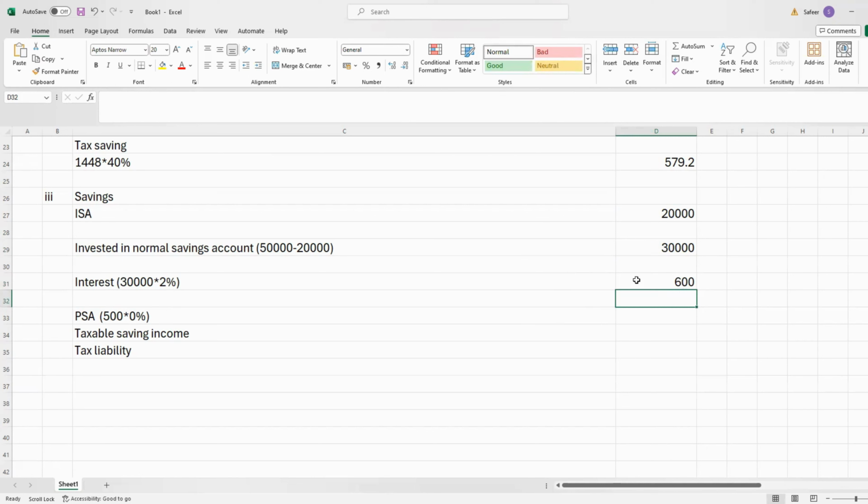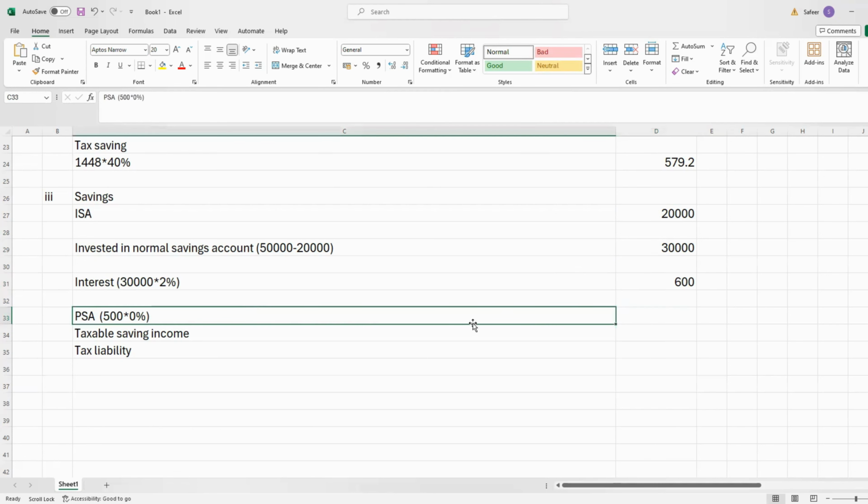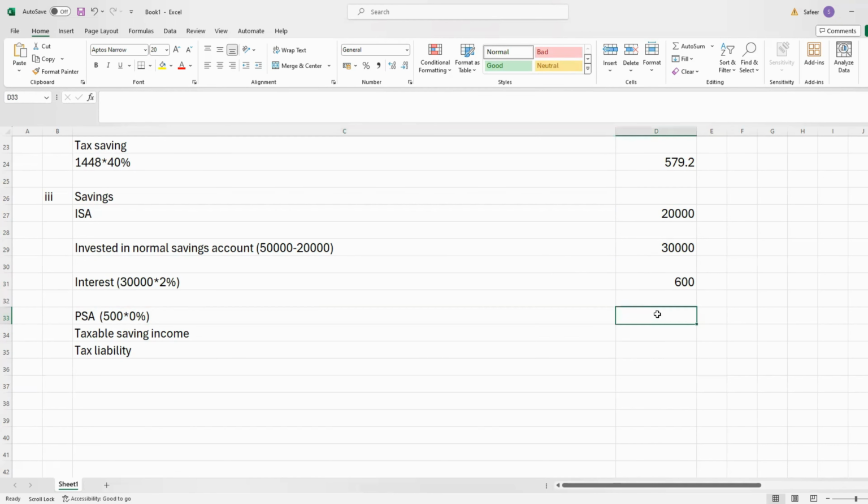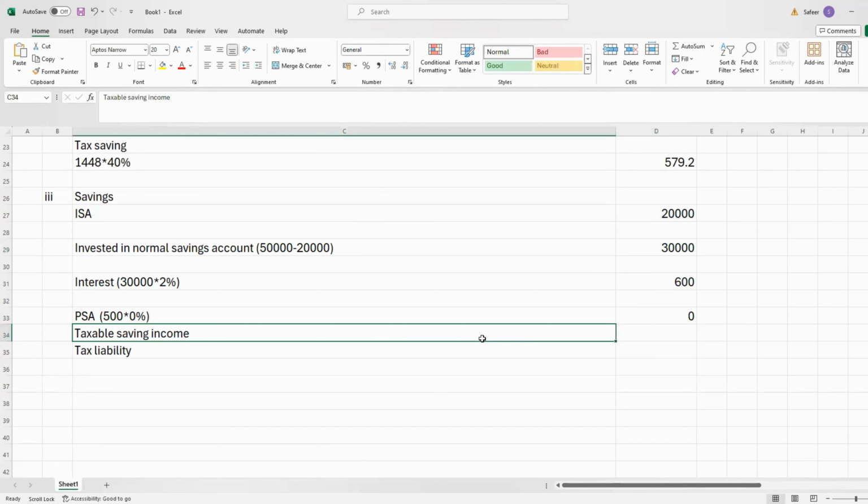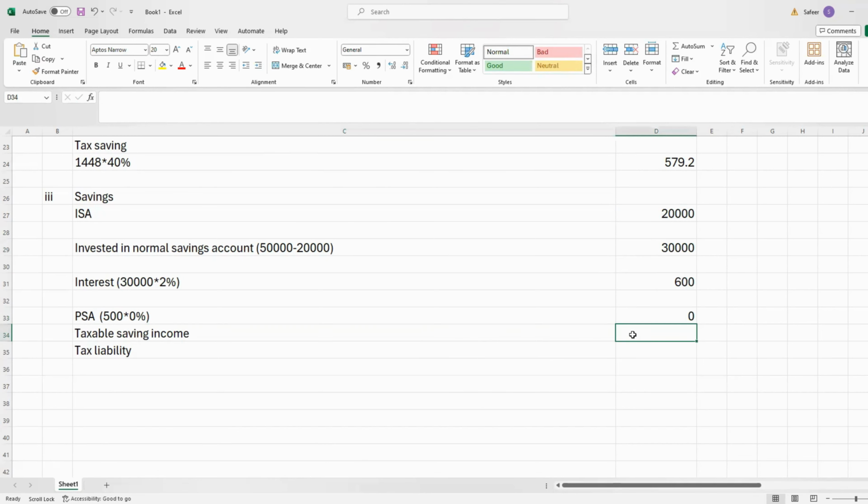And out of 600, now remember, since the person is a high rate taxpayer, they will have a personal saving allowance of 500. So there is no tax on the first 500. And taxable saving income will be 100 now. How? Total interest from normal saving account will be 600, and out of 600, the first 500 is covered by personal saving allowance.